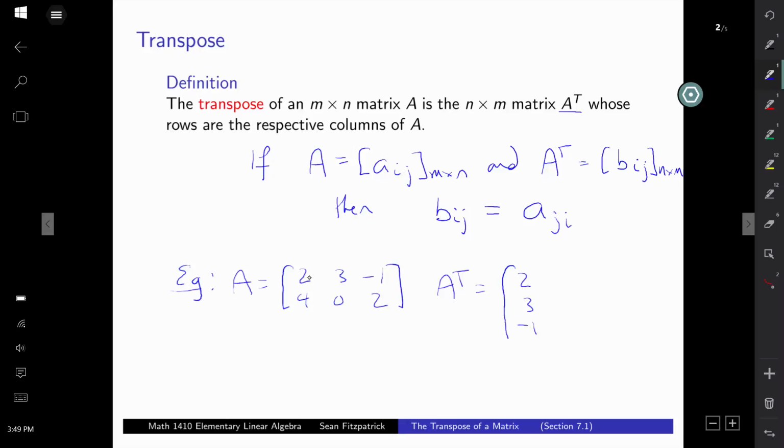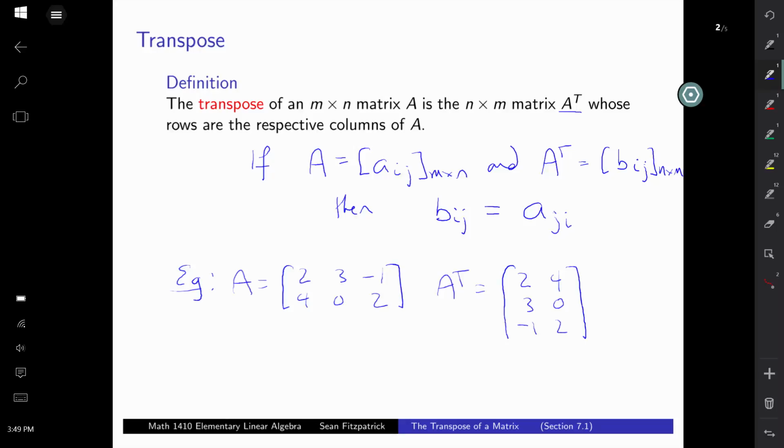The second row becomes the second column, 4, 0, 2. And notice that I could have done it the other way. The first column of A becomes the first row of A transpose, the second column becomes the second row, the third column becomes the third row.